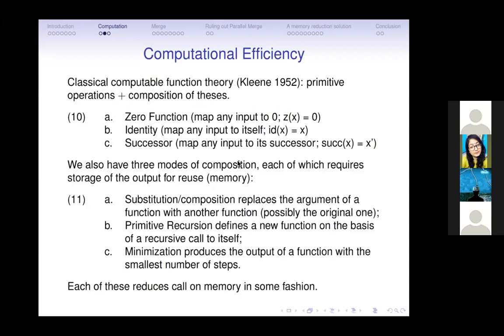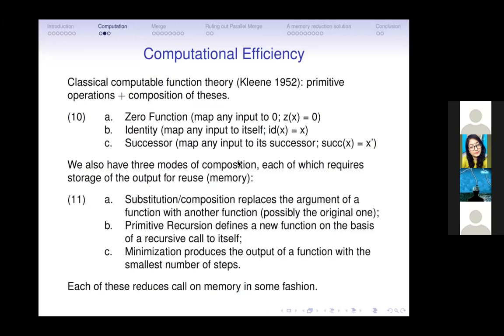Now, notice that what's really crucial in here when we do this is you kind of need to have a memory for what you've already done. That is, you've computed something, the successor of 0, and you know what that is, and that's 0 dash, and that is then used as the input to the next computation. Okay, so you need some kind of memory to make these computing systems work.